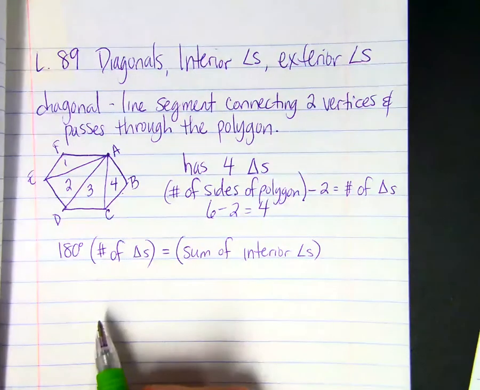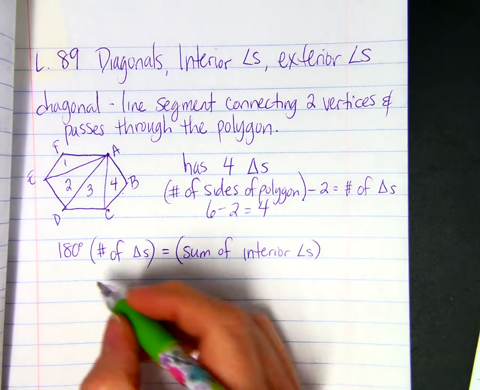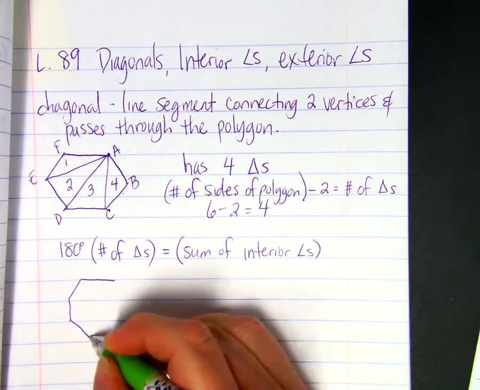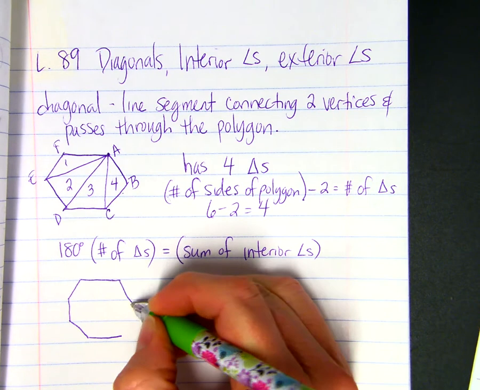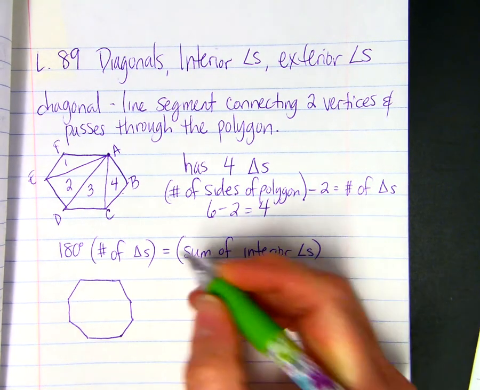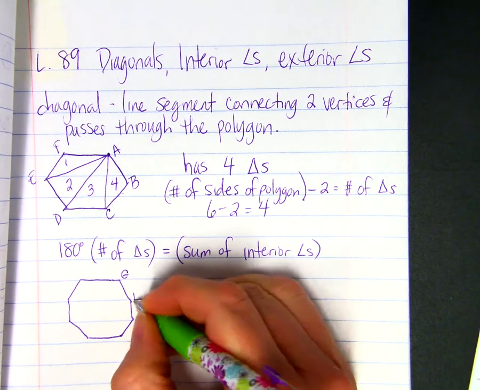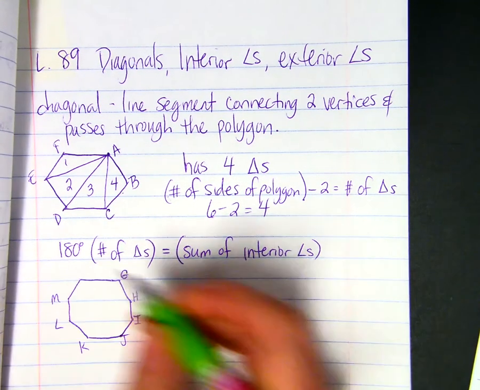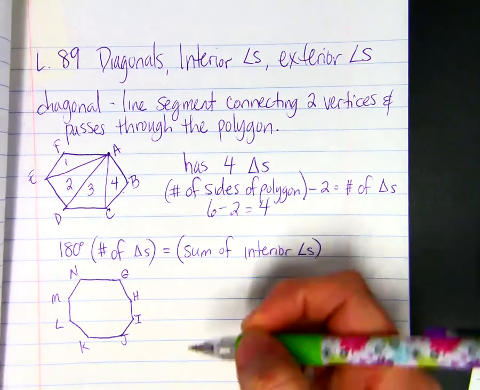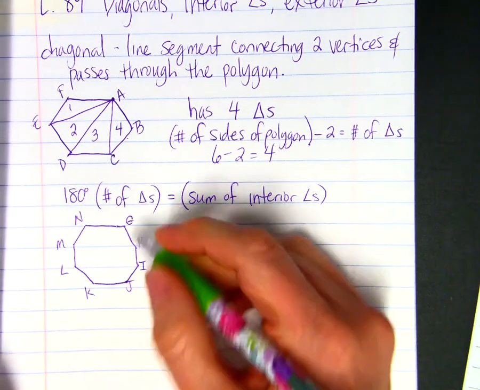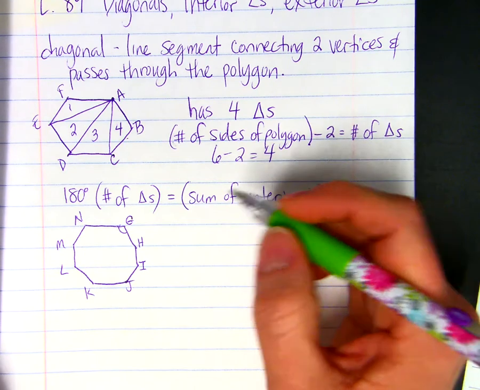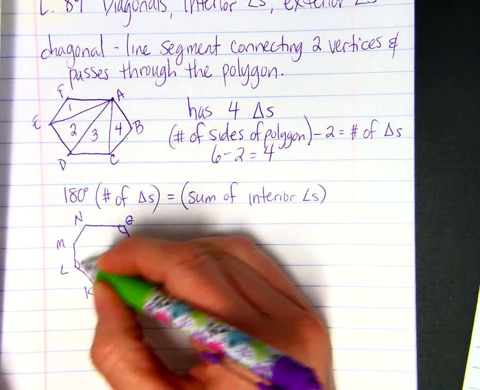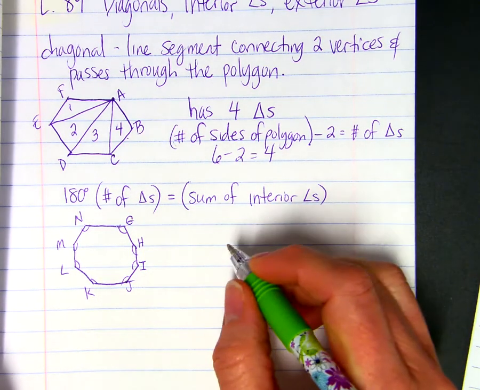So here is another figure. We're going to draw an octagon. We'll call it GHIJKLMN. Each of these angles, angle G, angle H, angle I, those are all considered interior angles.